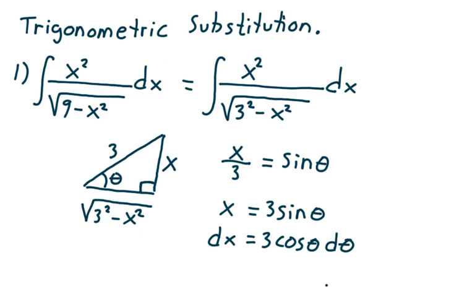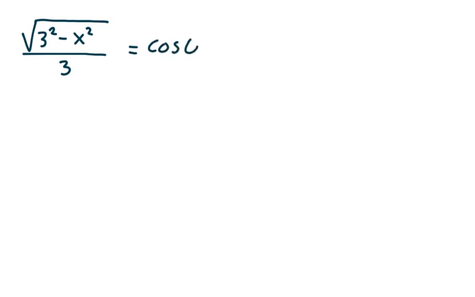Now, from the right triangle, we also know that the square root of 3 squared minus x squared divided by 3 is equal to cosine theta. Multiply both sides by 3, and we get the square root of 3 squared minus x squared is equal to 3 cosine theta.